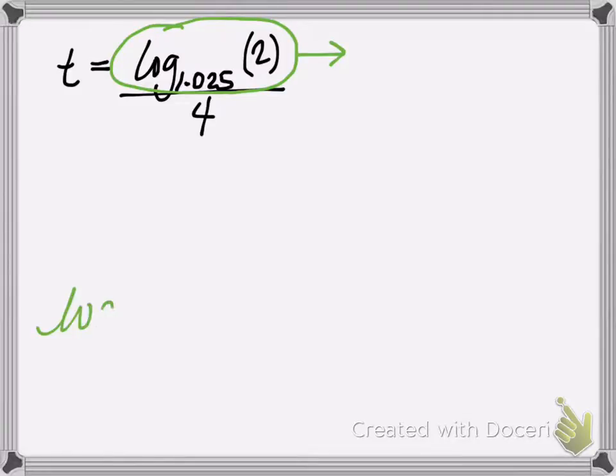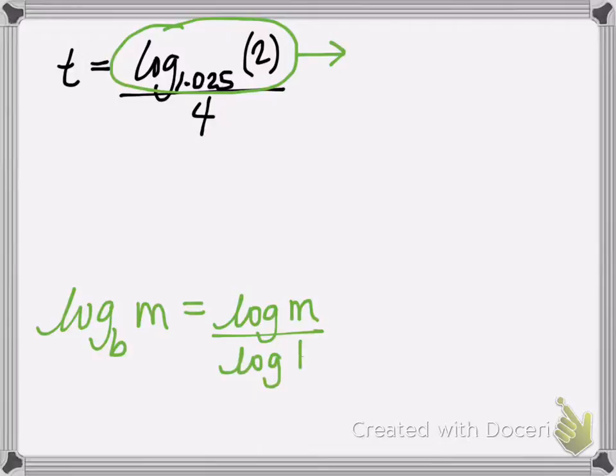So just a reminder, your change of base property, when you have a log base b of some value, we'll call it m, you can change it into base 10 by taking the log of m divided by the log of the base. So those are both base 10 logarithms. You could also change it into a base e logarithm, a natural log, which would be the natural log of m divided by the natural log of b. You can change it into any base of your choosing, but of course base 10 and base e are popular because our calculator does those easily.